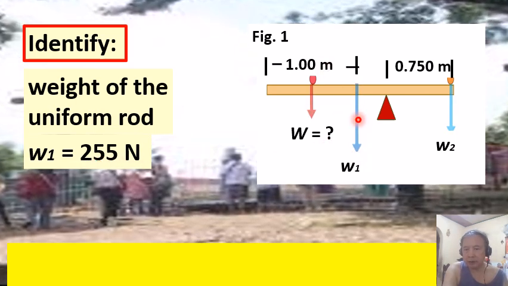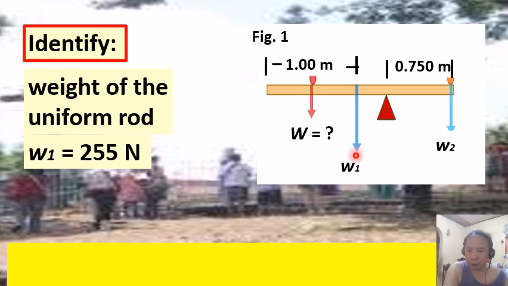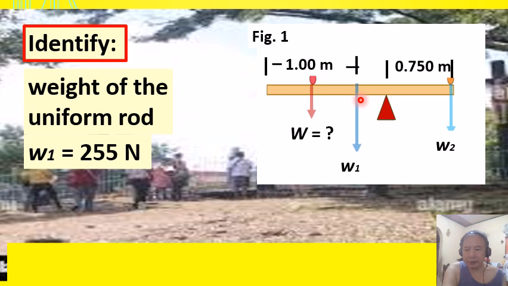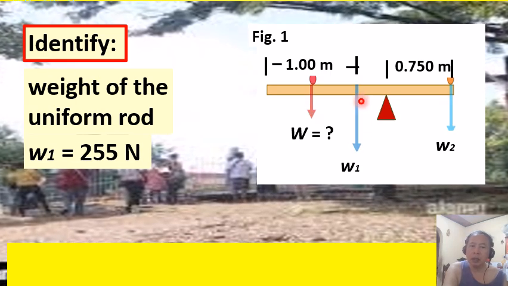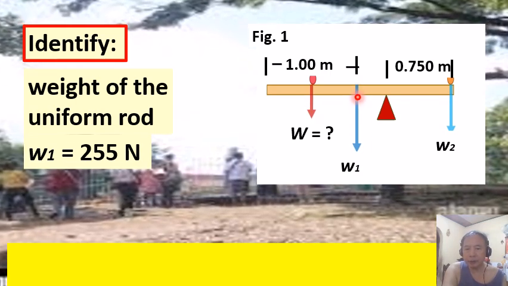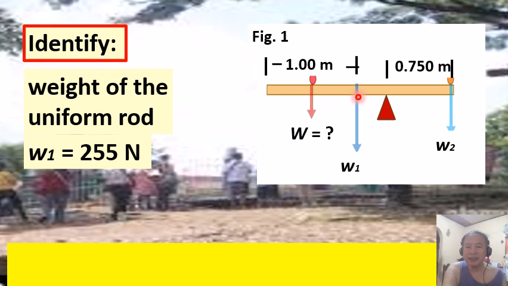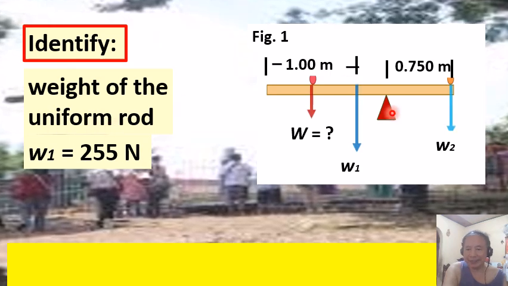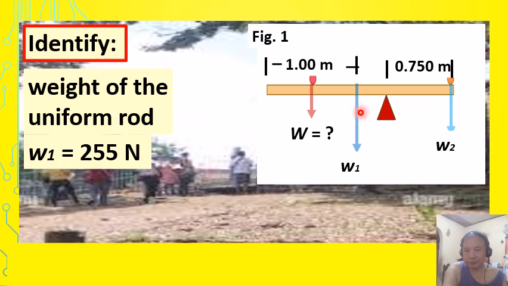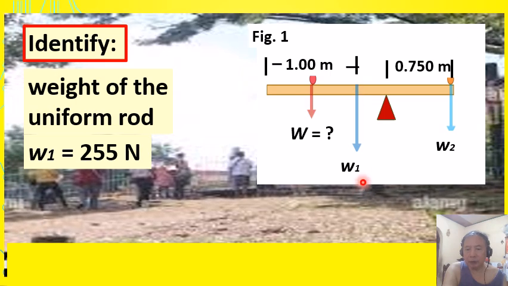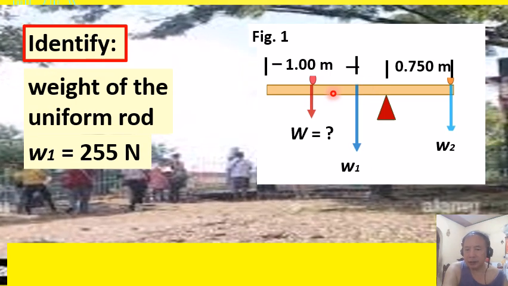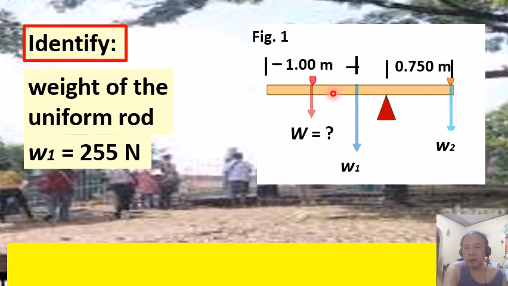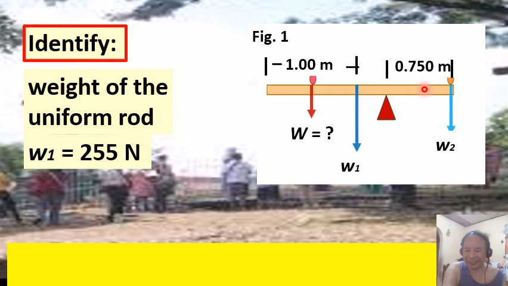In the figure, that is represented by the vector arrow directed downward, and the line of action of this weight W sub 1 is exactly at the geometric center of the rod, since the rod is considered to have uniform density. So the line of action of W sub 1 is exactly 1.00 meters from the left end as well as from the right end of the rod.